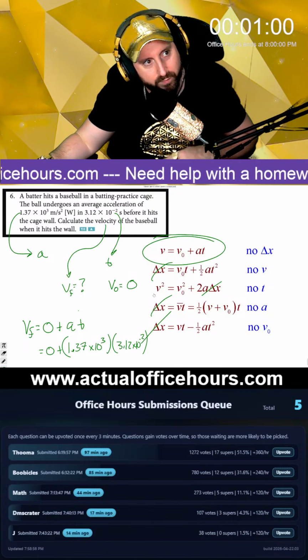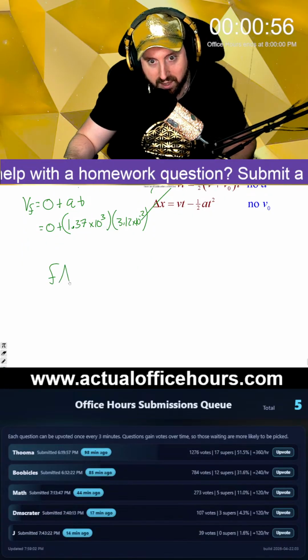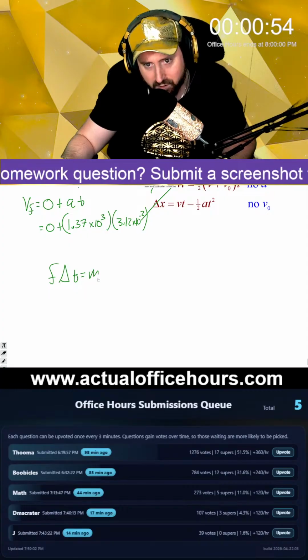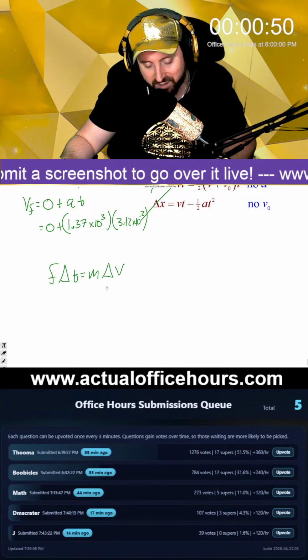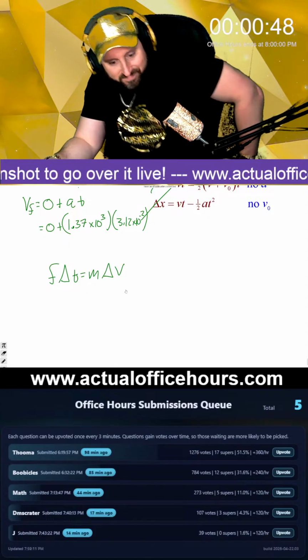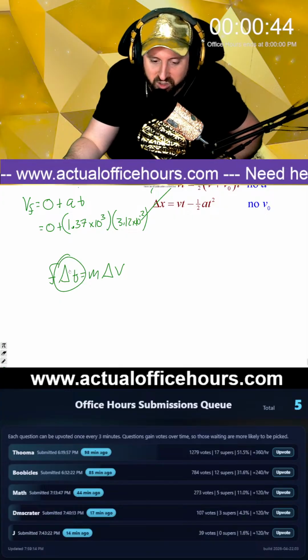That's one way to do it. So in that case, you have to say F delta t is equal to m delta v. But I don't know. Then I need the time of the collision. I don't have that.